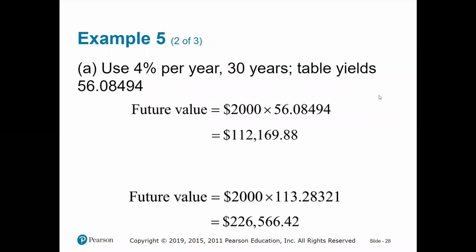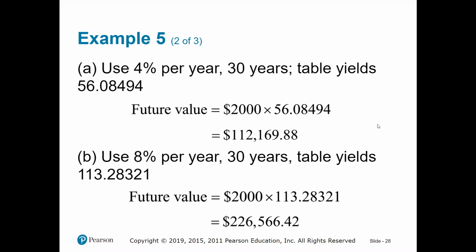Use 4% per year for 30 years, and the table yields 56.08494. So the future value will be 2,000 times the amount from the table, and you get $112,169.88. If we use 8% per year for 30 years, the table yields 113.28321.